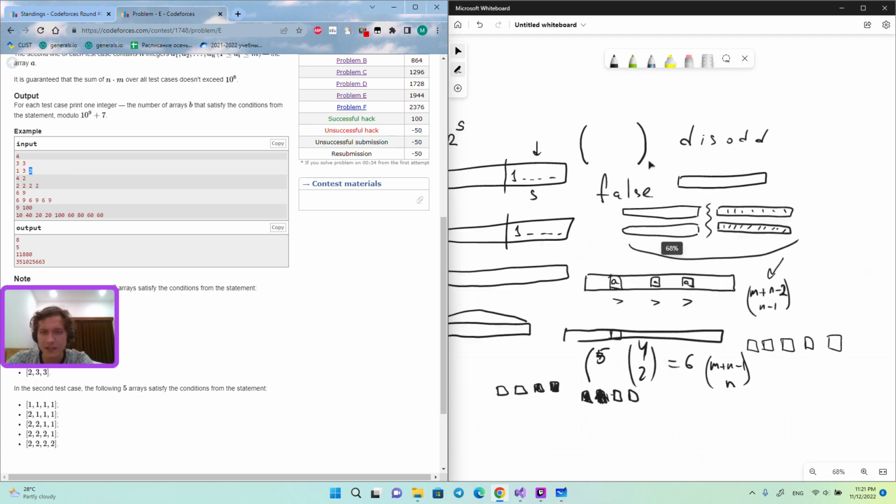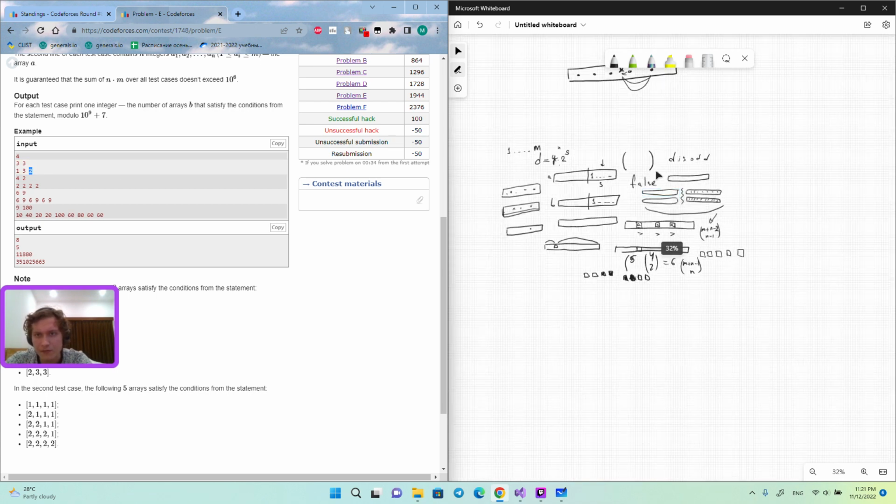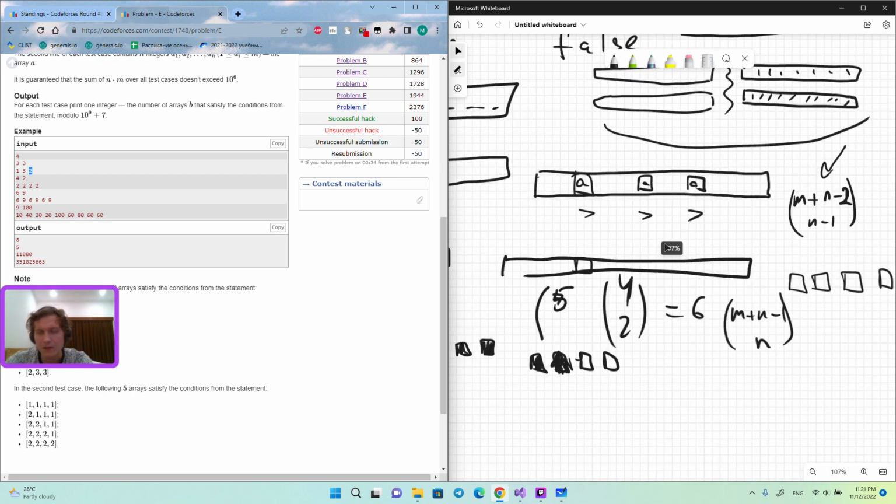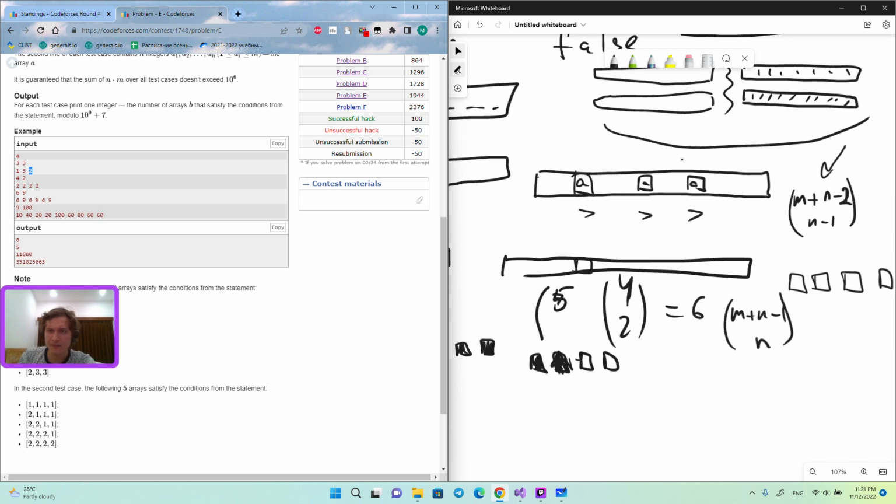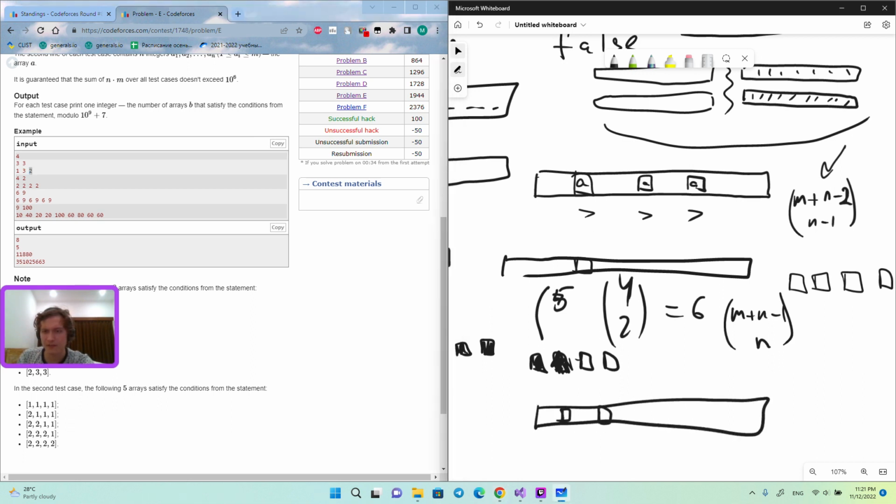Okay, actually, I was wrong. So when we jump to the left, we chose some numbers. Now we jump to the left, for example, somewhere here. So this number should be strictly less than this number.